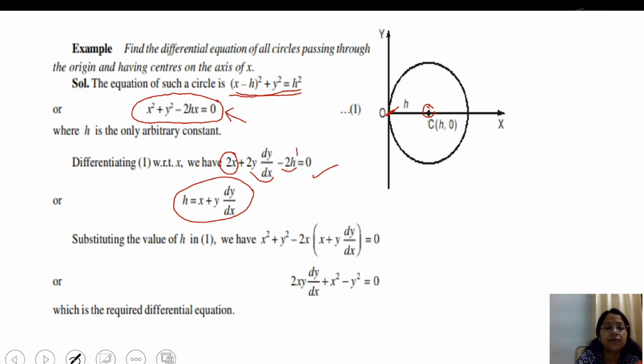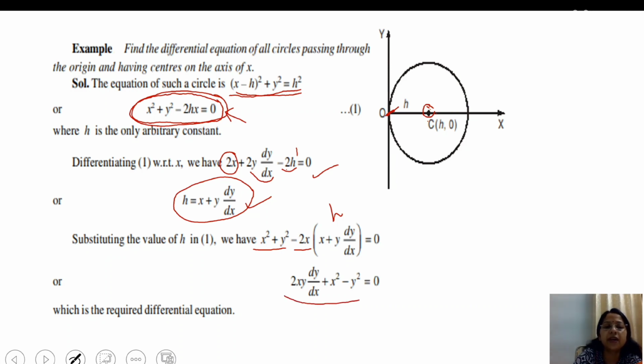So we substitute this h, obtained from the differentiation, into the given equation. That's why we have substituted here x square plus y square minus twice x, and this is our h. So h, which was assumed, is eliminated now.